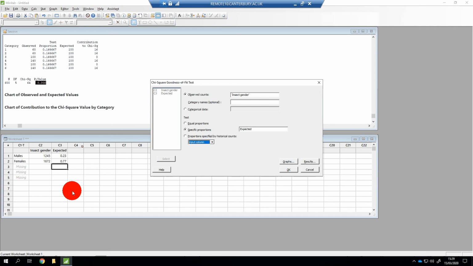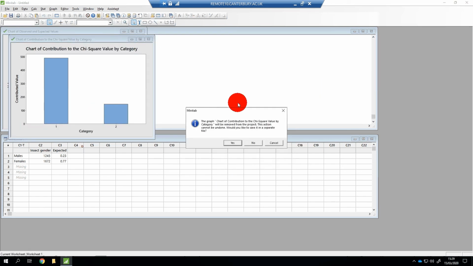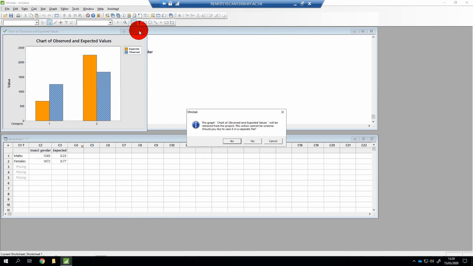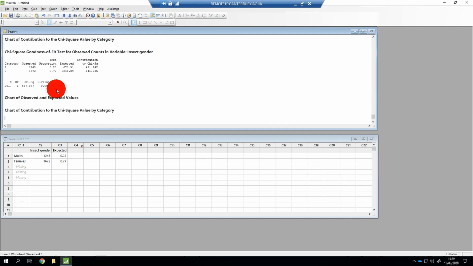Click OK. Again, it produces these different graphs that are not so interesting to us at the moment. And I get another chi-square test with a chi-squared value and a p-value. And again, in this case, the p-value is 0.00 or less than 0.001. So a highly significant difference between the observed outcome and the expected outcome. In what way is it different? Well, hopefully it's fairly obvious that I get way more males than I would have expected based on the literature I've read.